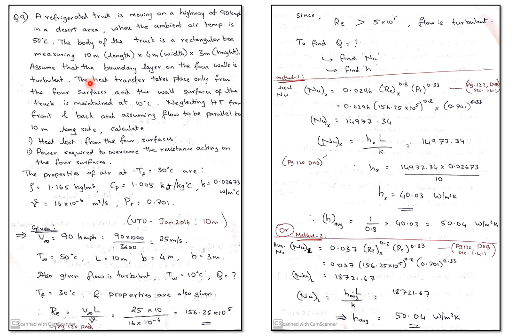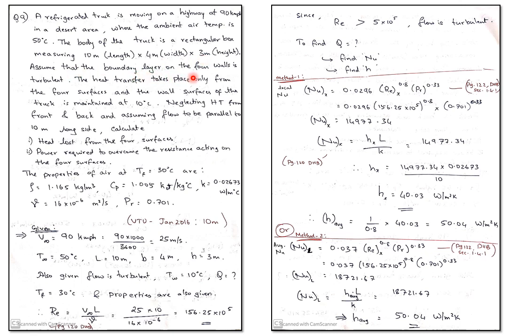So this is a very important problem, just focus clearly so that you can understand. A refrigerator truck is moving on a highway at 90 km per hour in a desert area. The ambient temperature is 50 degrees Celsius. The body of the truck is a rectangular box measuring 10 meter length, 4 meter width, 3 meter height.